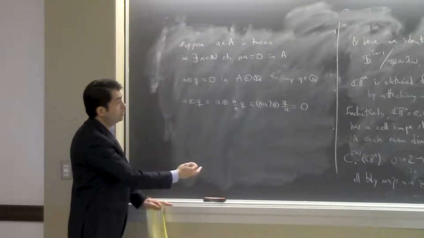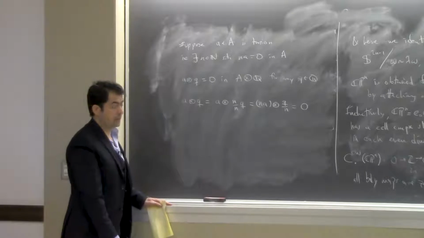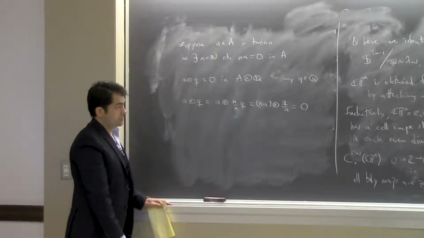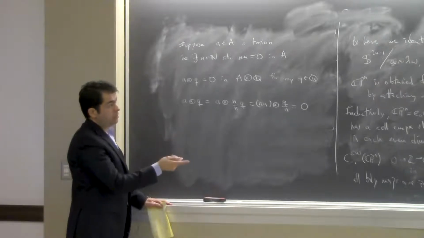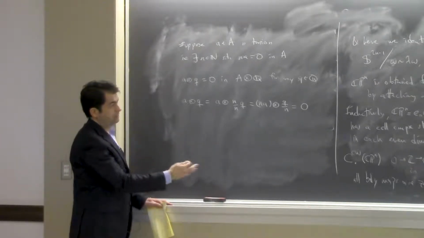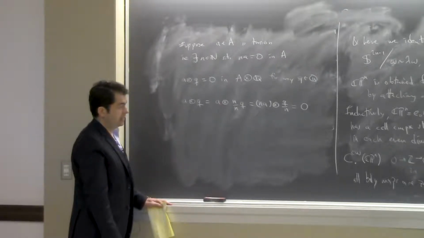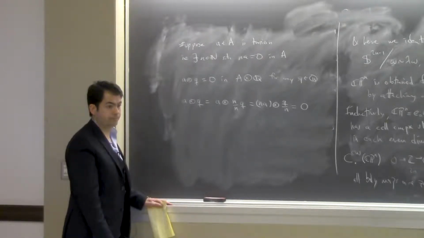So when you tensor with Q, you're killing the torsion. Right? And then it's easy to see that if you have Z to the L tensor Q, you just get Q to the L. Z is the identity for tensoring abelian groups.